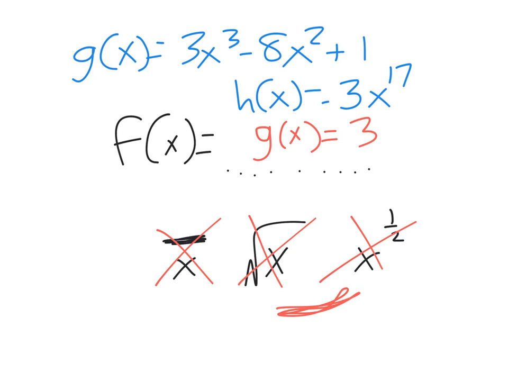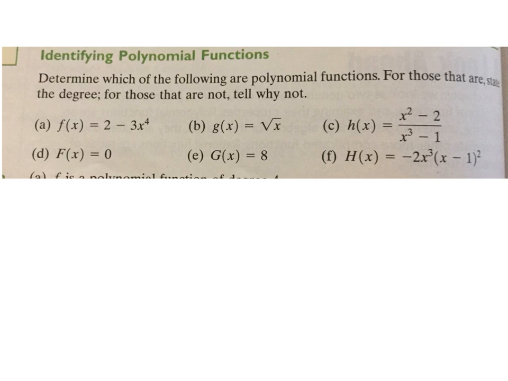The next thing we're going to do is look at a few of them and determine if they are or are not polynomials. Okay, so here at the bottom of 174, example 1, it asks me to determine which of these are polynomial functions. For the ones that are, state their degree. Okay, so what's the degree of a polynomial? It's just the highest powered exponent.